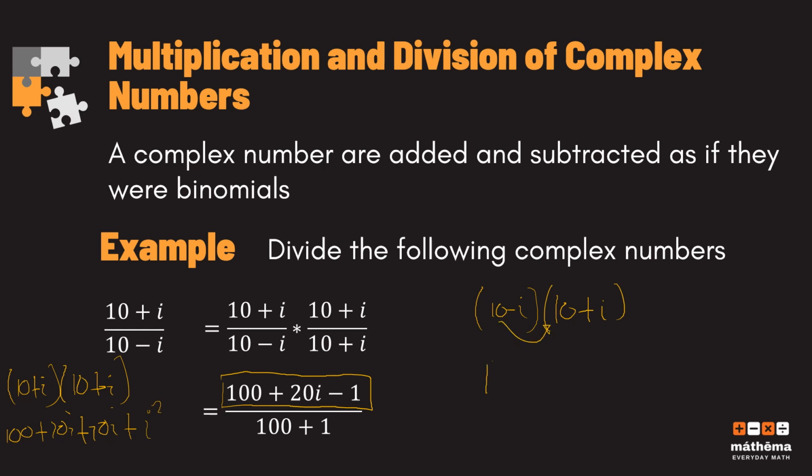So we have 100 plus negative i times i, which is actually what? Negative i squared. But remember, i squared is negative 1. So this is negative 1 times negative 1, or 1. So our answer will be 1 plus 100. So that is where we get 100 plus 1 here. So I hope that is clear.